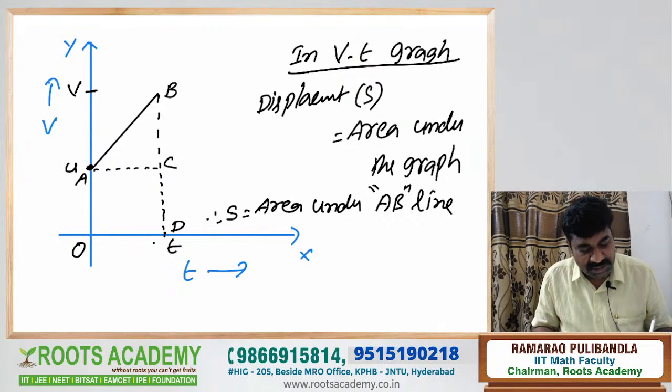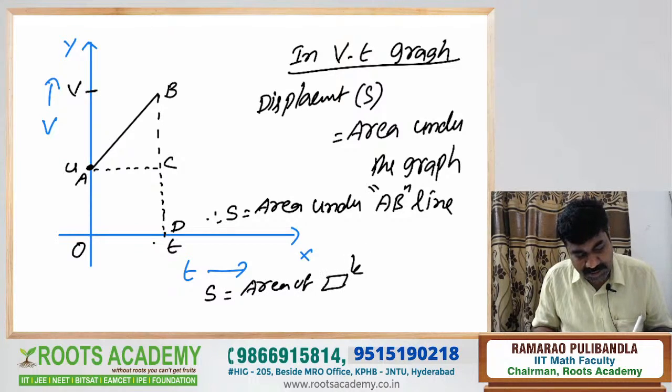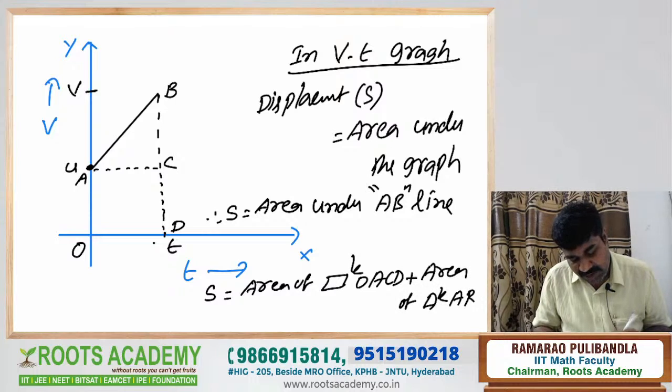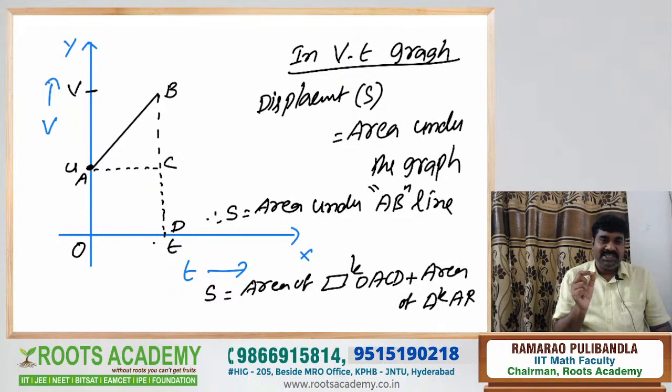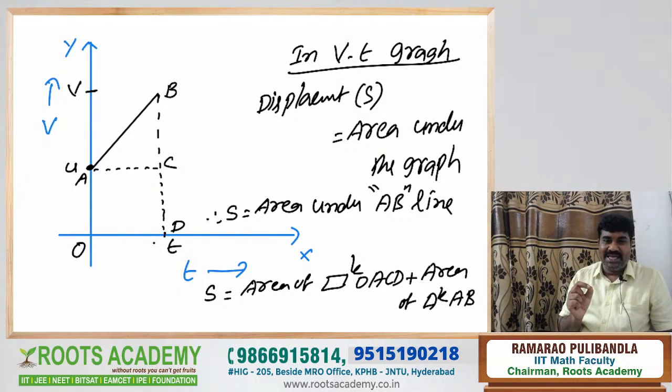So the displacement is equal to the area of rectangle OACD plus the area of triangle ABC.